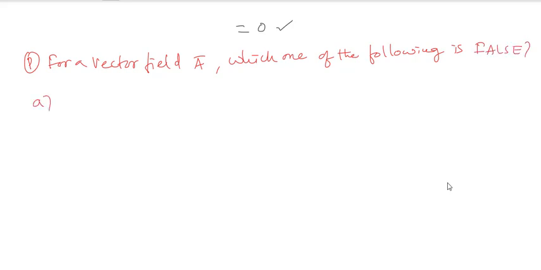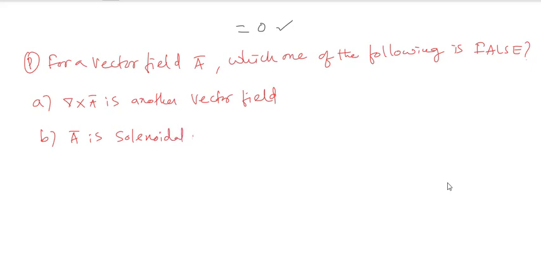The given options: A, del cross A bar is another vector field. B, A bar is solenoidal if del dot A bar is equal to 0.